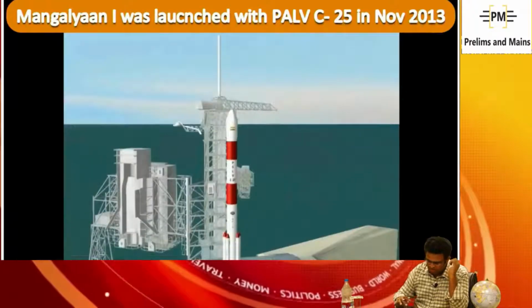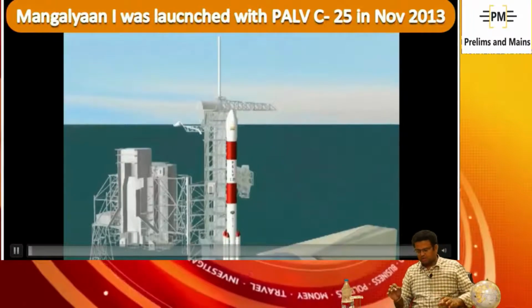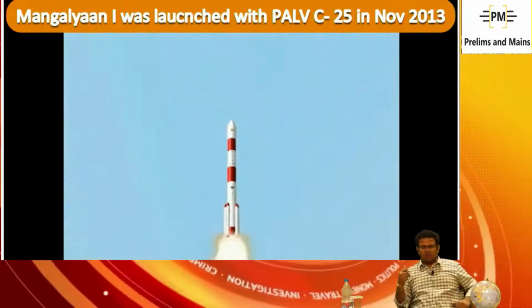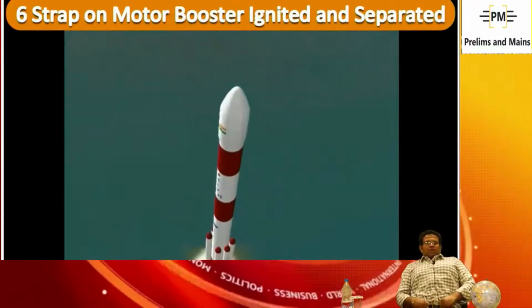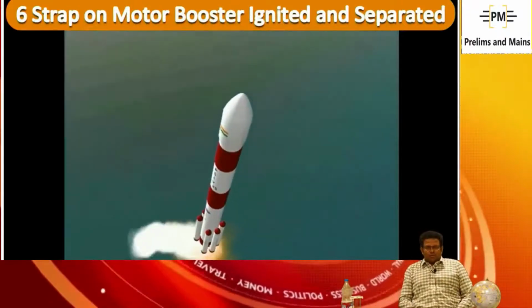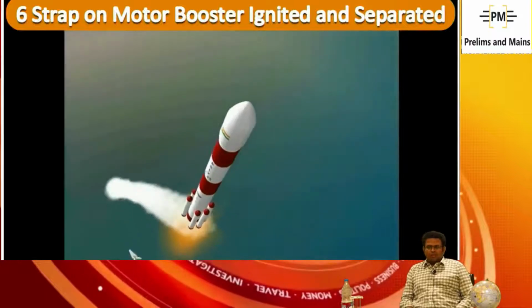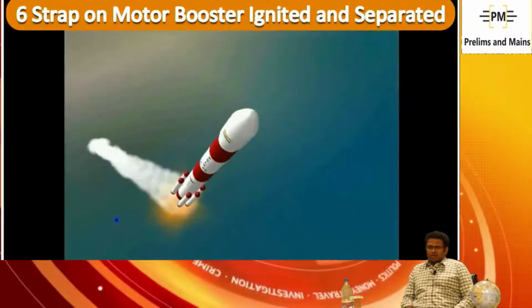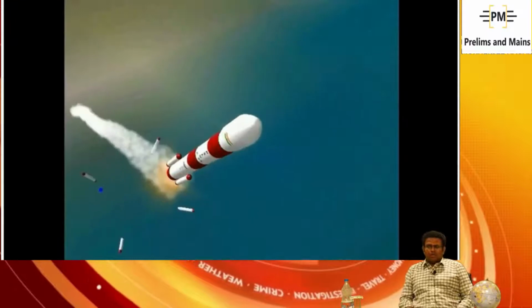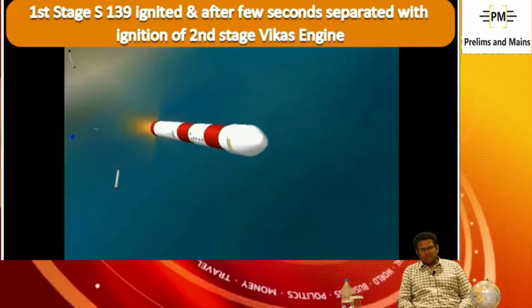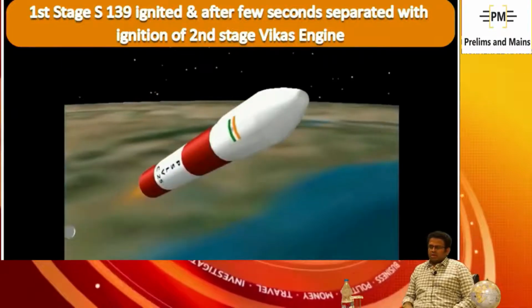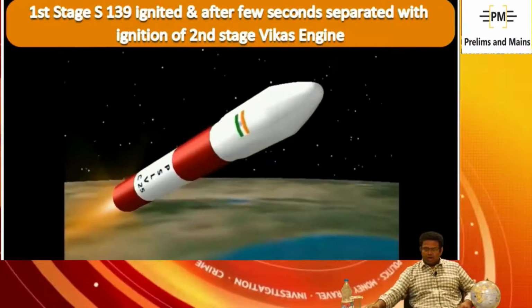In similar fashion, Mangalyaan is orbiting around, and it was launched on a PSLV C25 in 2013, in the month of November, and it was able to reach Mars after 299 days.